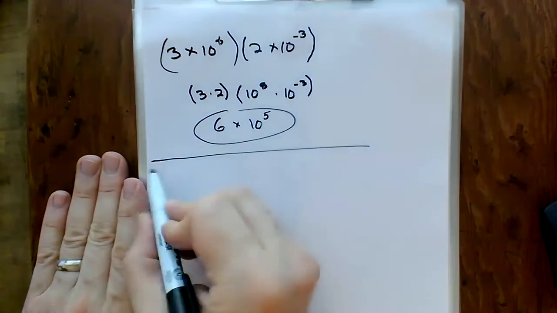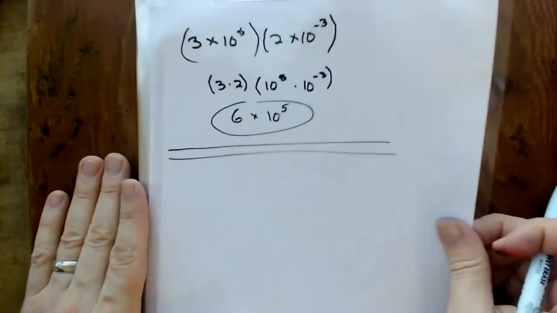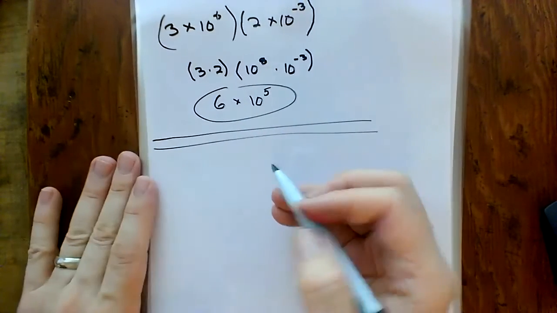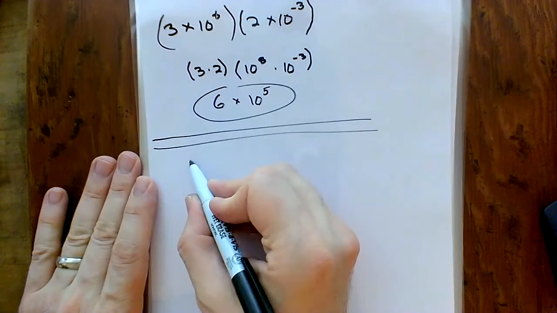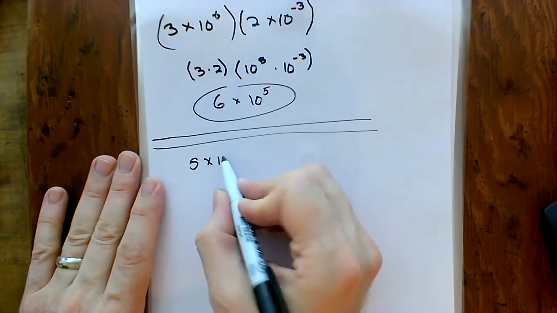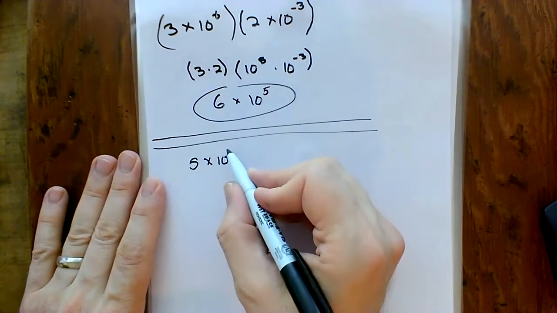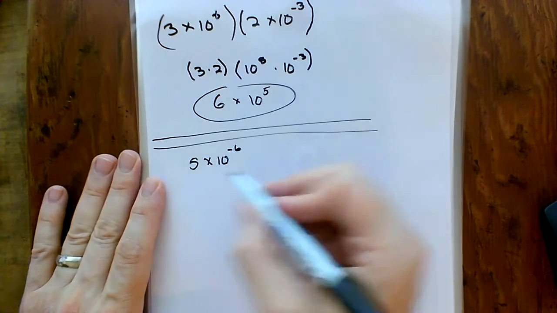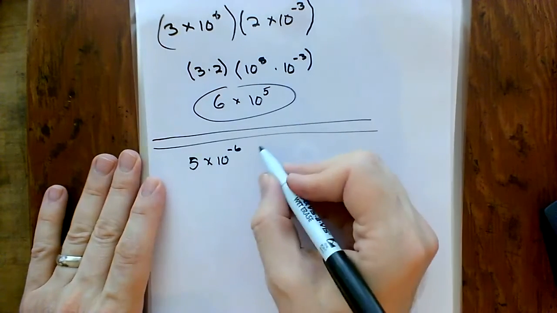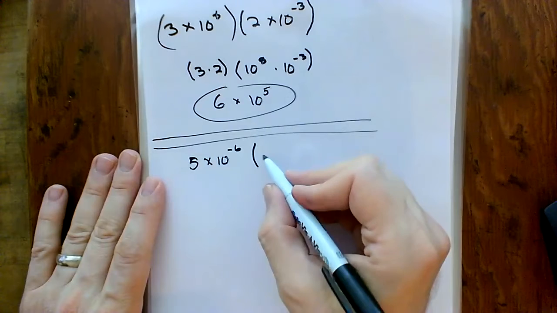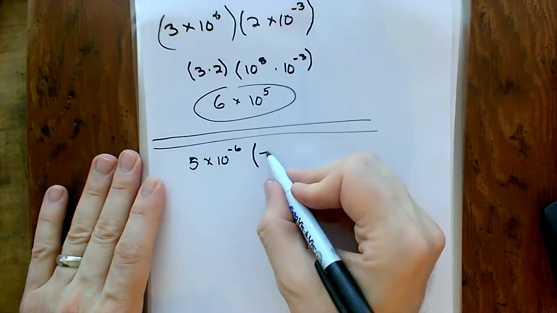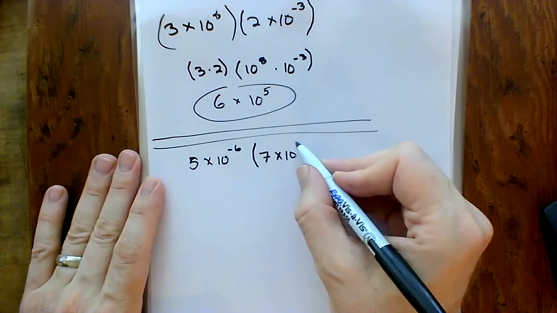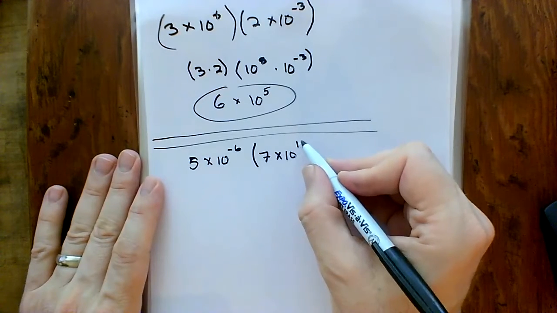Now, where it gets interesting is where we might need to adjust our decimal point here. So let's say I've got something like 5 times 10 to the negative 6th, and I'm going to multiply that by 7 times 10 to the, how about I do 12th?